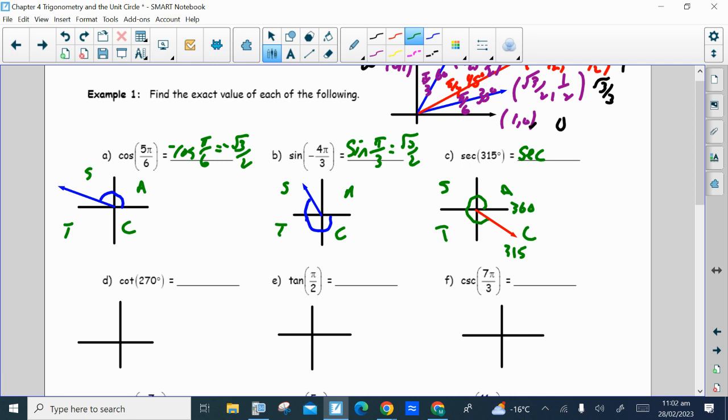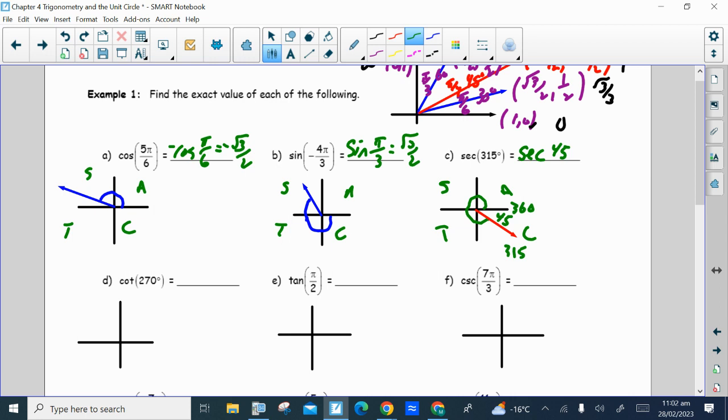So when it's in terms of radians, it's easy to know what the reference angle is. It always matches the same denominator as the rotation, but in this case, now we're in degrees. So you need to do a small calculation to figure out that the reference angle is 45 degrees.